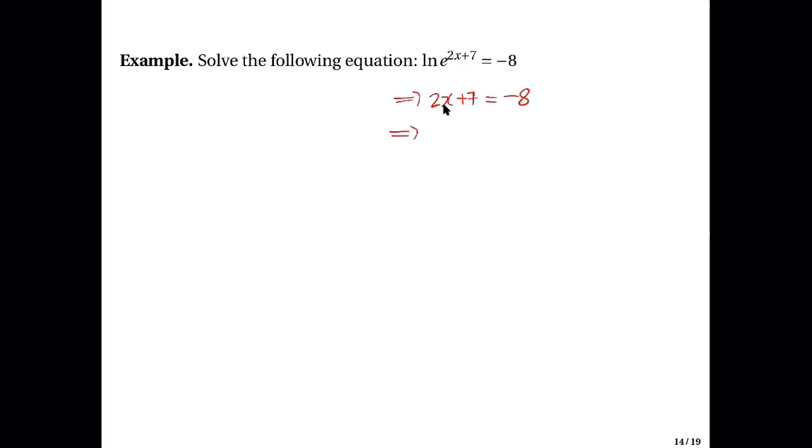This is equal to 2x equals minus 8 minus 7, or we have 2x equals minus 15. And therefore, x is equal to minus 15 divided by 2. So this is our solution.